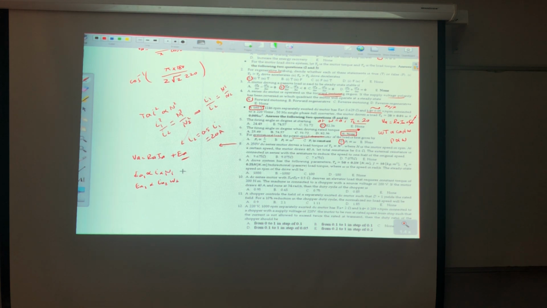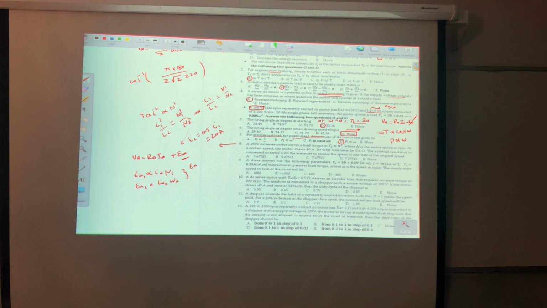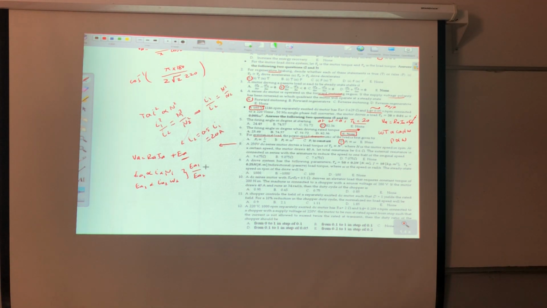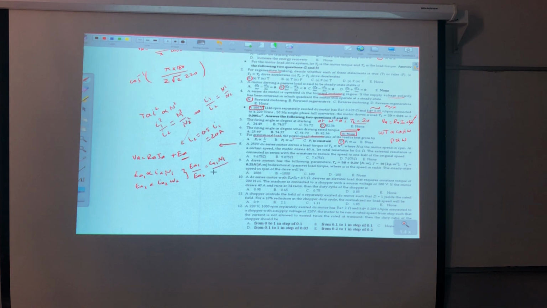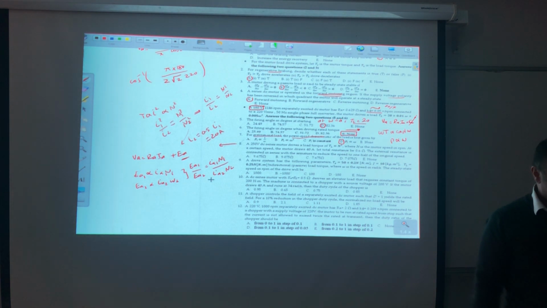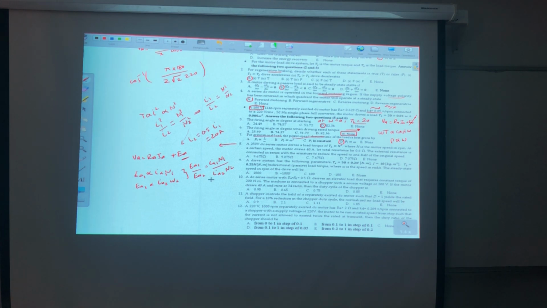If I do the ratio, EA1 over EA2 equals IA1 N1 over IA2 N2. Everything here is known: I1, I2, N1, N2. So I can find E2 because I know E1 from the rated condition.